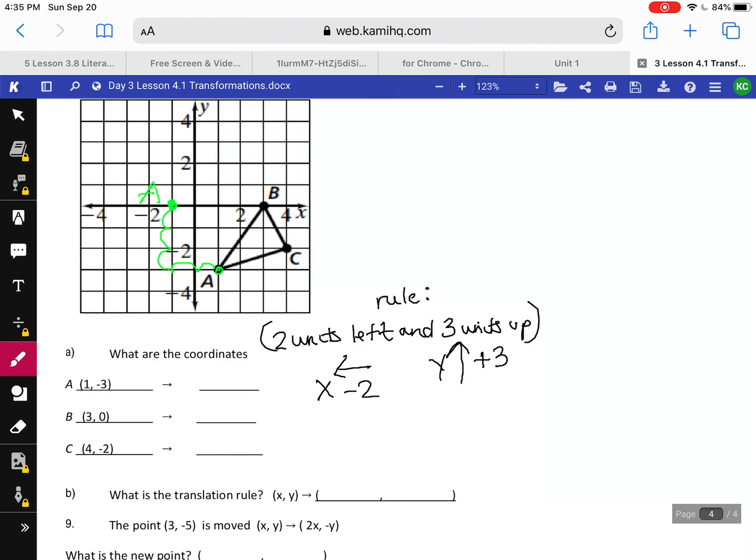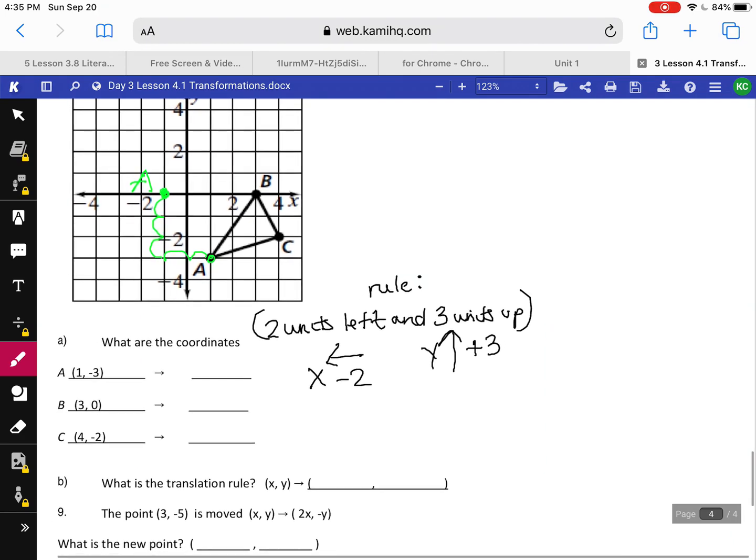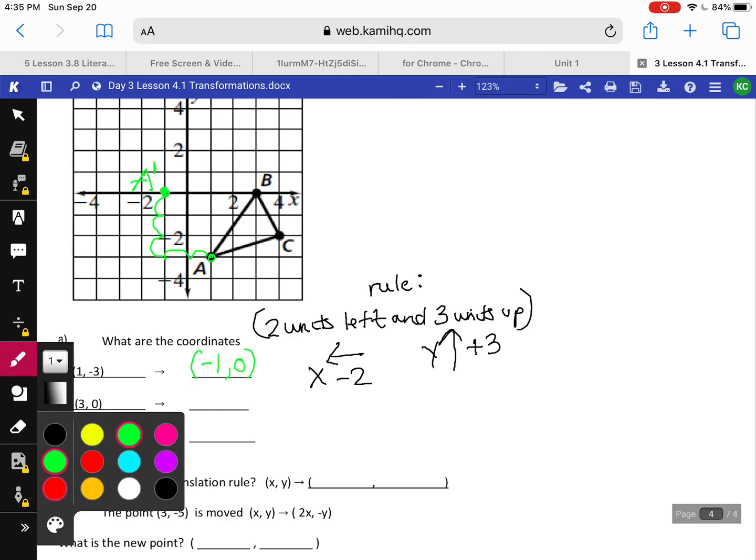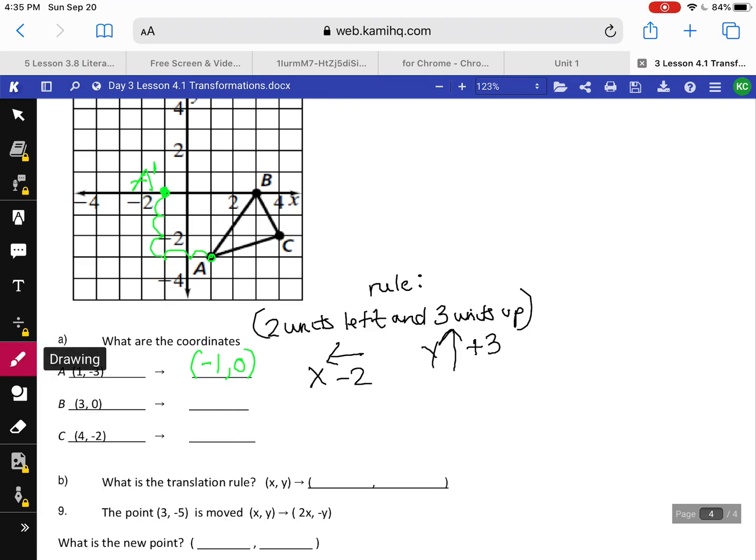And now we have A. But remember, this is the copy, so this is A prime. And A prime can be found at negative 1, 0.